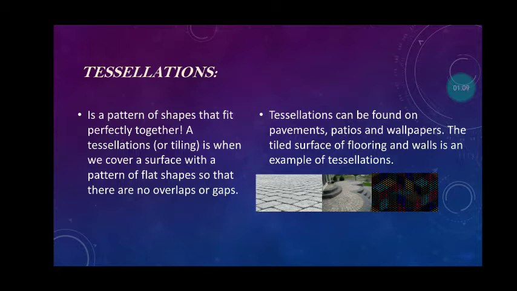Try to look around, guys, at the tiles, the walls, the windows, or the table, either inside or outside. There are types of tessellation, either as art or as design. I hope you now have an idea about tessellation.